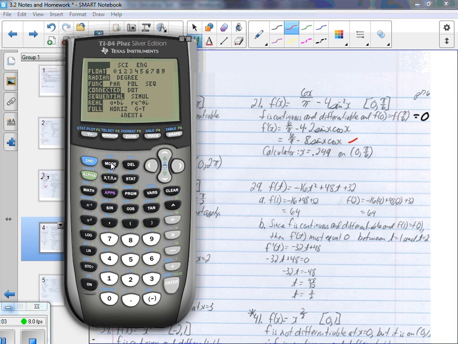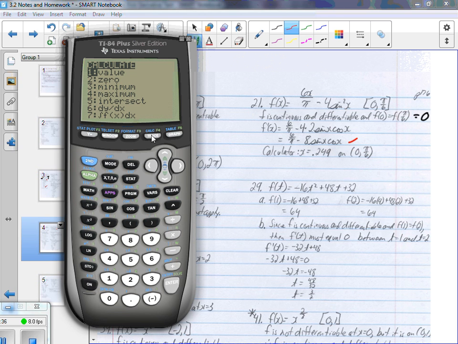Better make sure I'm in radian, which I am. All right, and let's find the zeros of that between 0 and pi over 6. So it looks like we've got one right about here. Okay, and we'll try to narrow in on that.